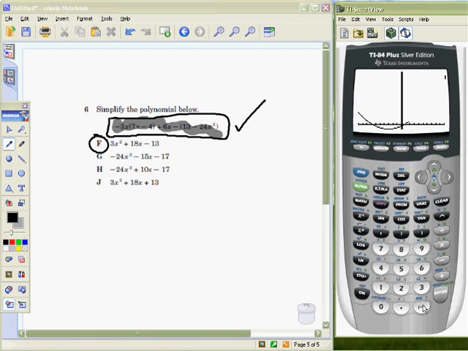They come up in order. Let me change my sign, make it correct. It should be a plus right there.